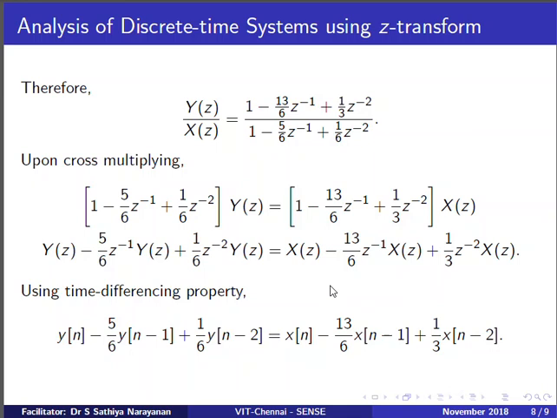But the z transform is more general, which means when we put z equal to e power j omega, the z transform converges to the discrete time Fourier transform. Or when z equal to e power j omega, the z transform is the same as the discrete time Fourier transform.